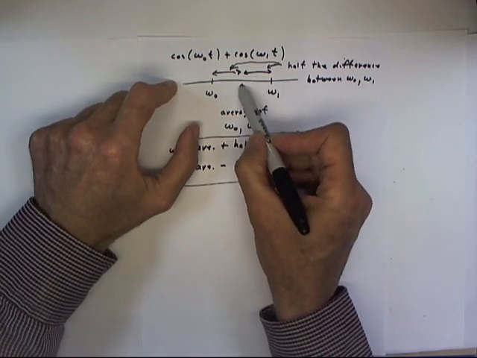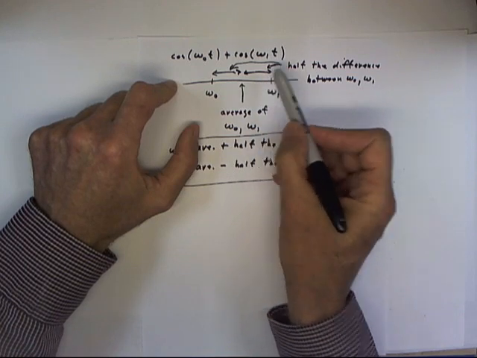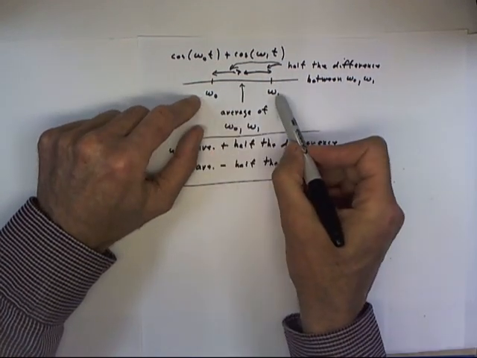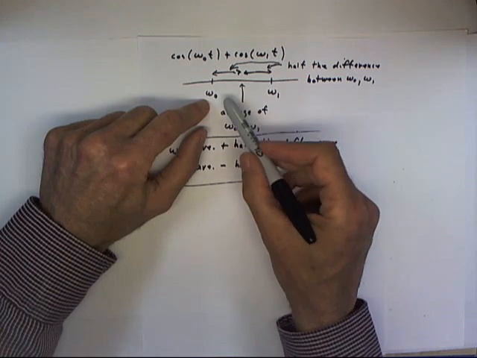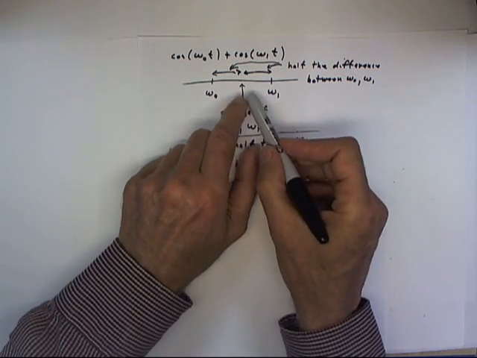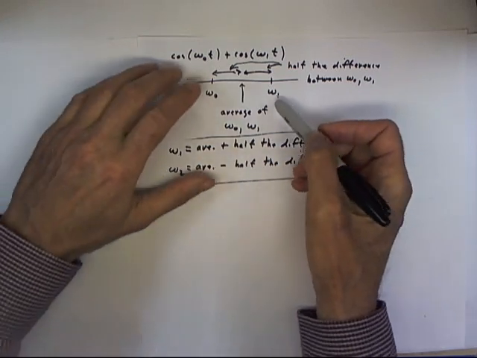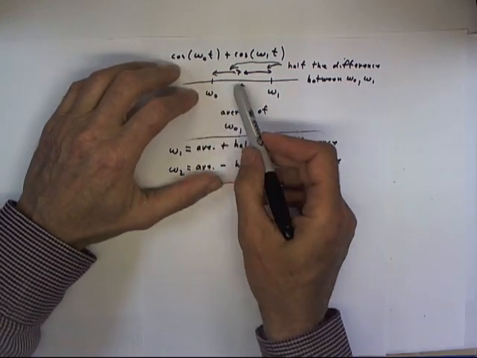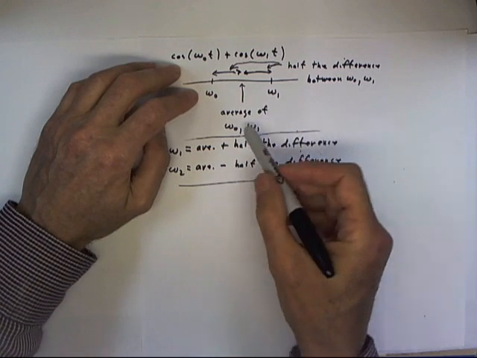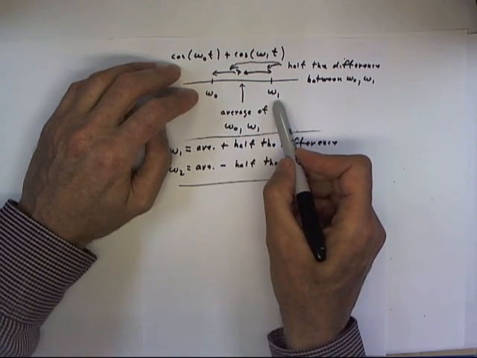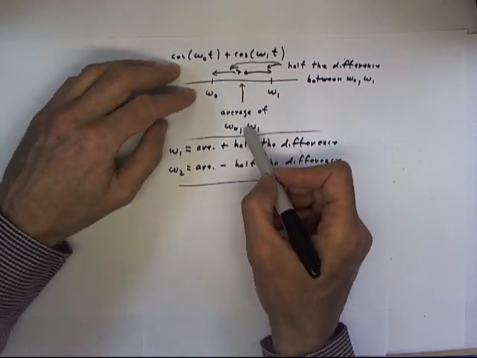And the distance between the average and omega 1 is half the difference between omega naught and omega 1, since the average lies halfway in between. From here to here is half of that difference. And on this side, of course, omega naught lies at half the difference on the other side of the average.